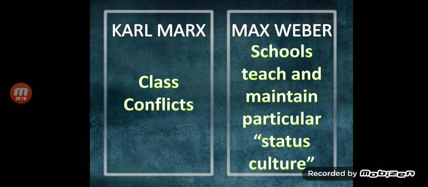They will be having a good job, a good status, a good position in the society. Now in this case, we can say that the schools really teach and maintain that particular status culture.